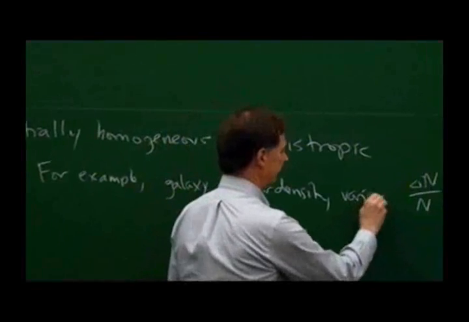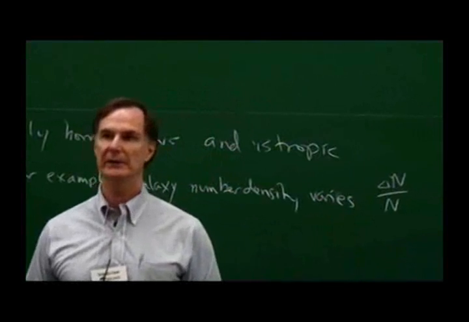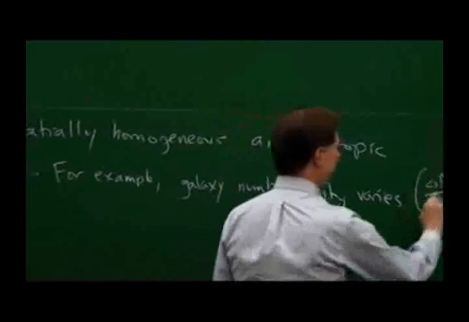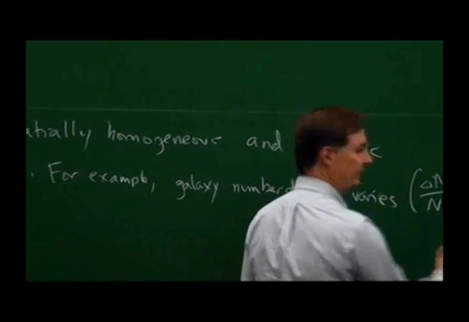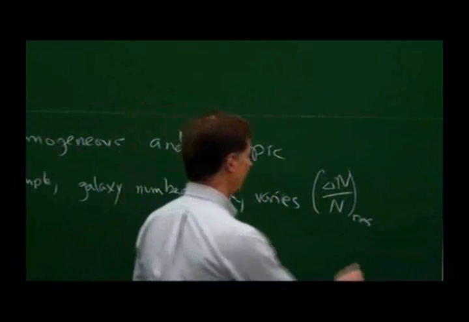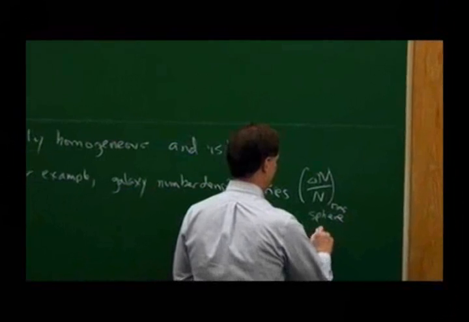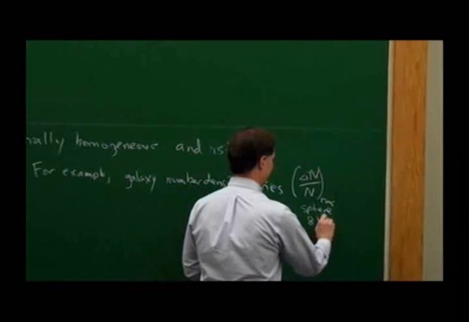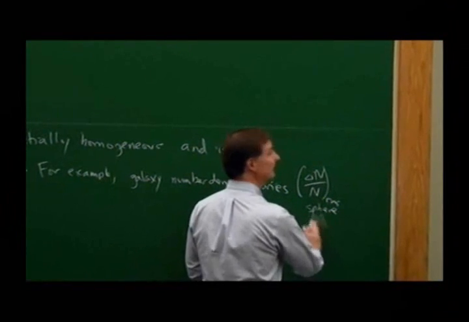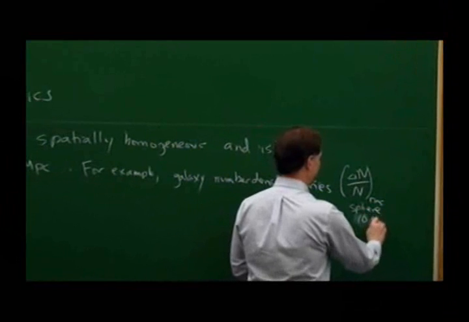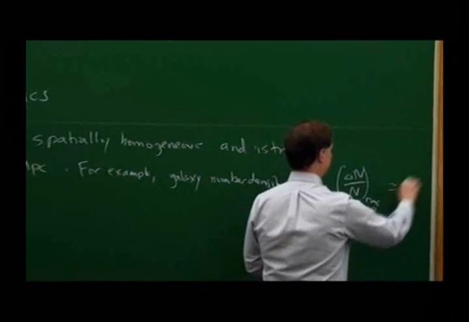vary in space. I said the galaxies are clustered, but if I calculate a root mean square value on a length scale, or averaged over a sphere of radius 8, let me call it about 10 megaparsecs, it is about 1.